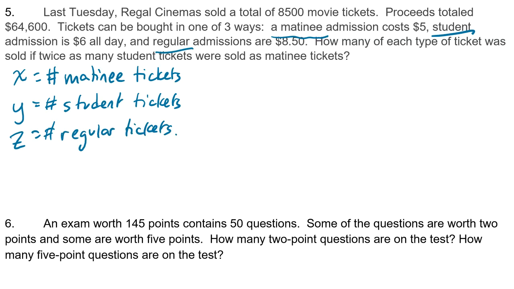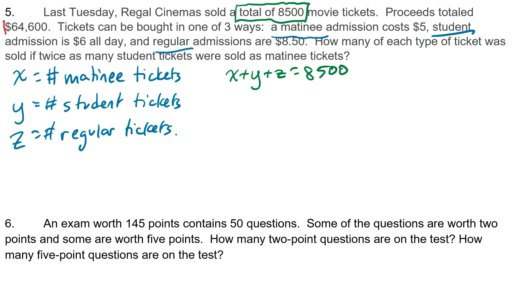All right, so easiest one first. There was a total of 8,500 tickets sold. So that one's easy. We just have x plus y plus z. The total is 8,500.